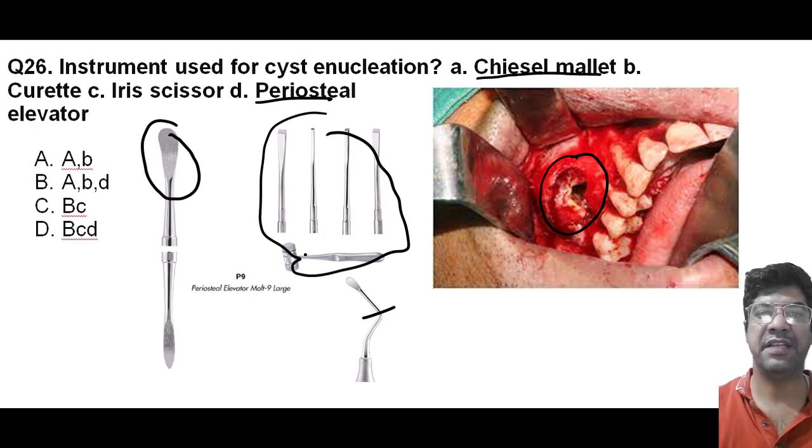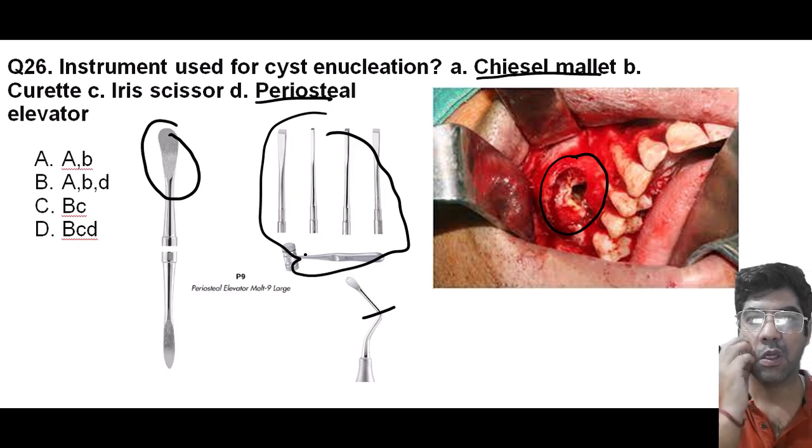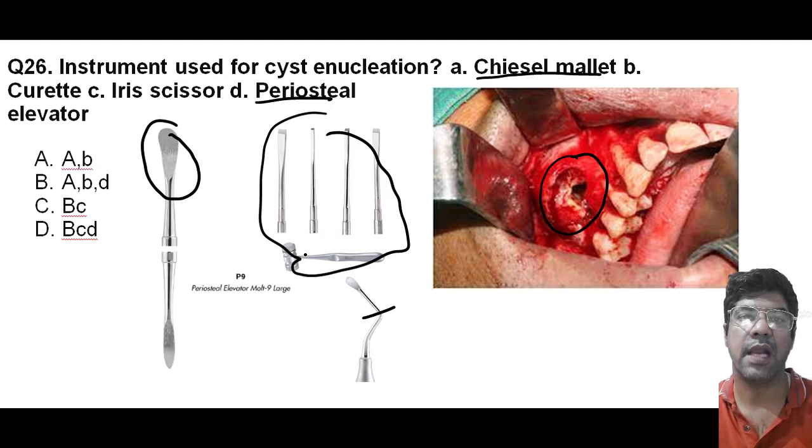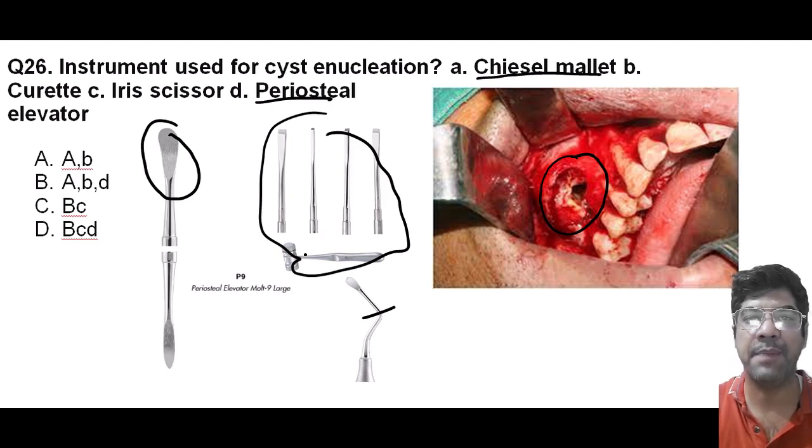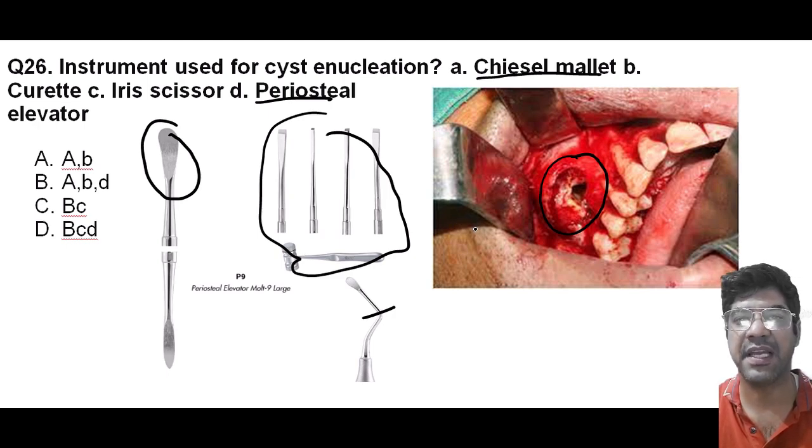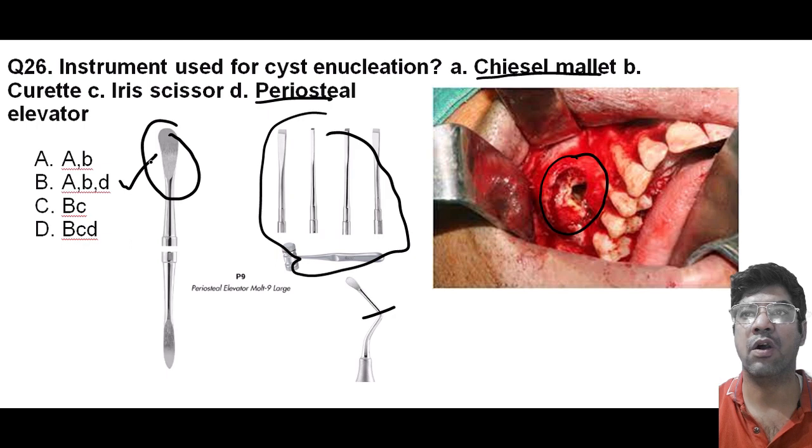So all these instruments we use for cyst enucleation. Typically you use a combination of instruments like curette, chisel, mallet, and periosteal elevator. These help in separating the cyst lining from the cavity wall, exposing the underlying cystic cavity. So the correct answer here is A, B, and option D.